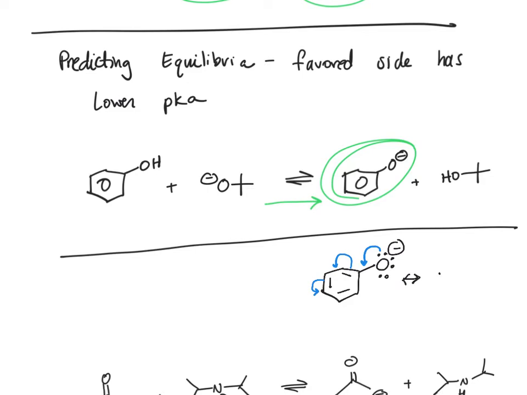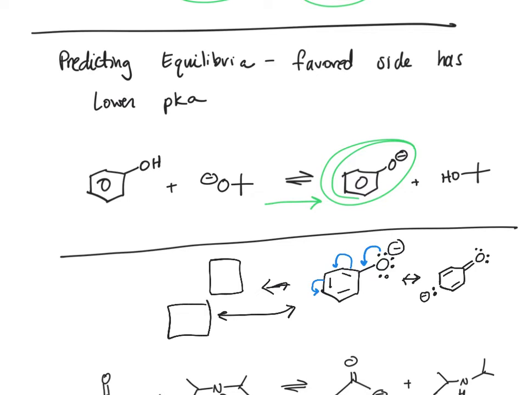I'm just drawing them for one of those cases. But you've got 3 good resonance structures for phenoxide. So I'll give you a minute to practice drawing the other 2. Notice that I'm using resonance arrows, not equilibrium arrows.